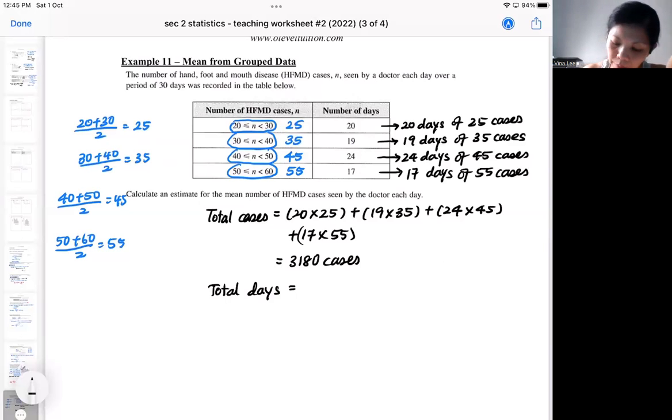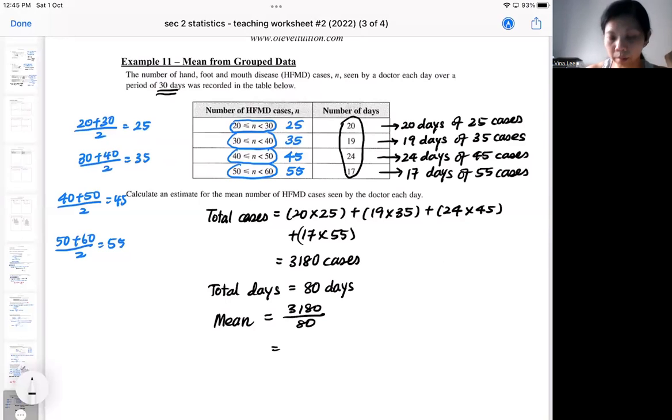In this case, if you add up everything here, you will get 80 days. I wonder if there's a typo here. Okay, let's take it as there's a typo. So the mean, which is how many cases on average each day, you divide out and you will get 39.75 cases per day.